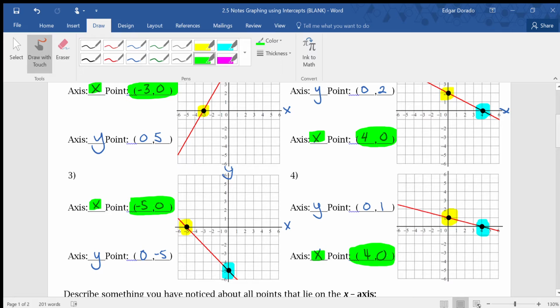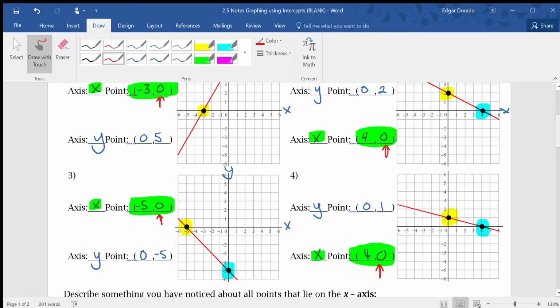So from looking at those points, guys, what do you notice? What do you notice about all the points that are on the x-axis? Okay, I'll let you guys think about it for a second. All right. Hopefully by now you'll have noticed that every single one has a 0 for your y value.